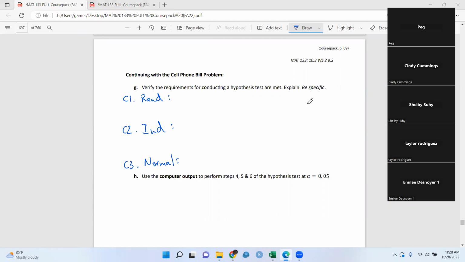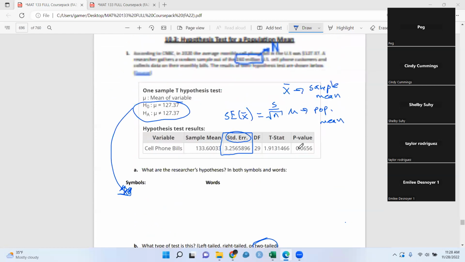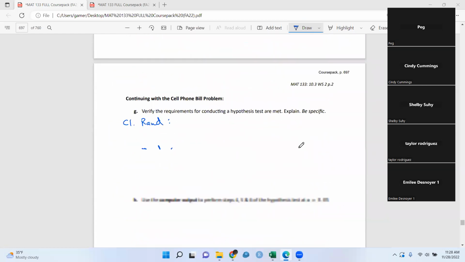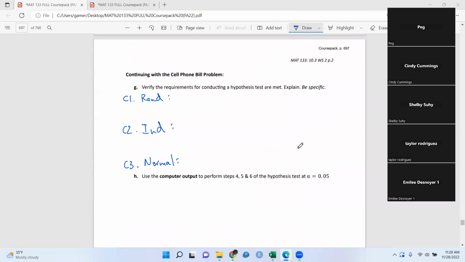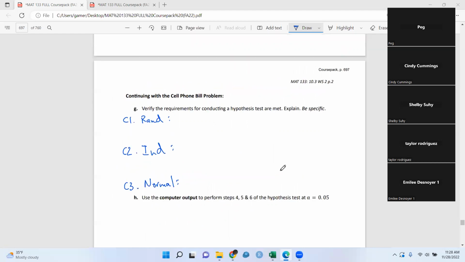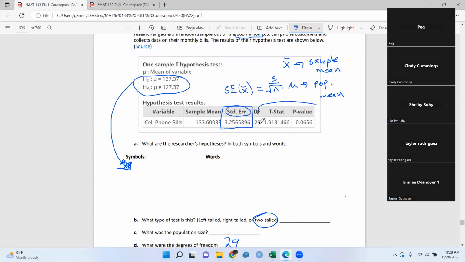Okay, how'd we do? I'm just stuck on the third step. Oh God, we don't even have to do that, do we? I didn't read the directions. No worries. But we have to do the third step in order to do the fourth, fifth, and sixth step. Here's step 3.